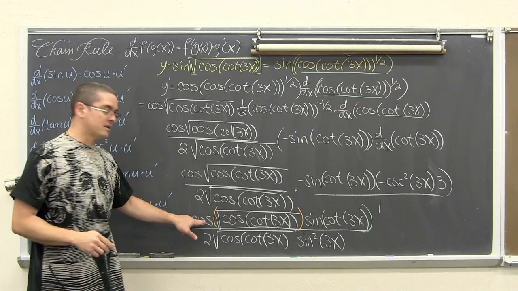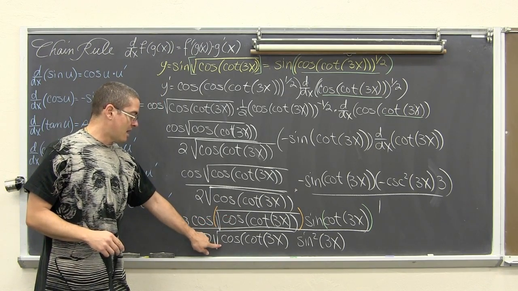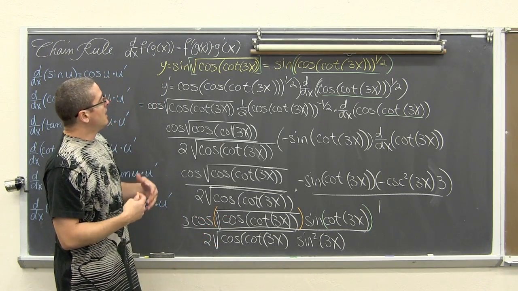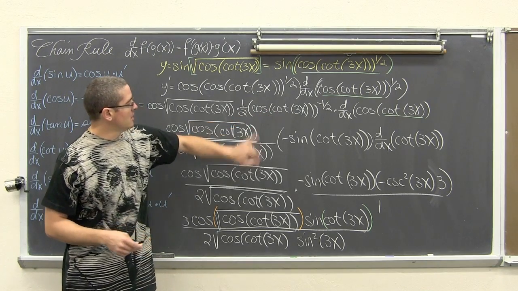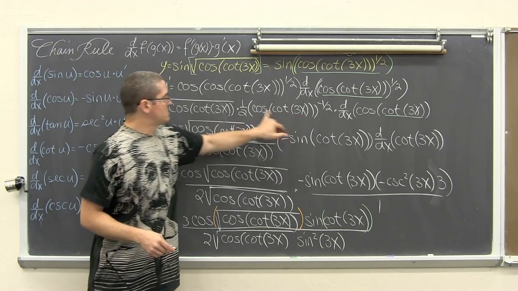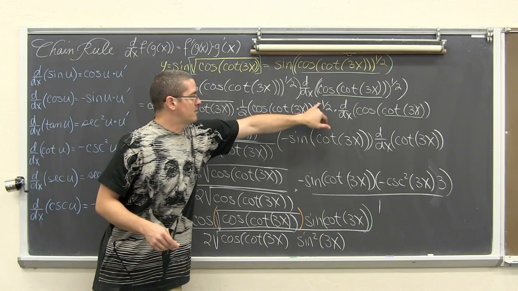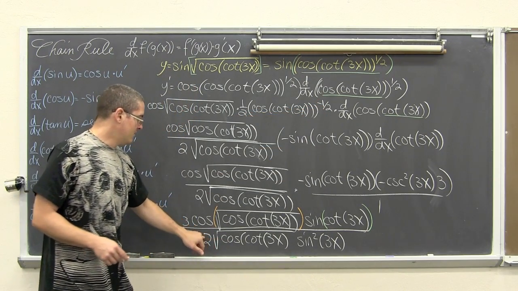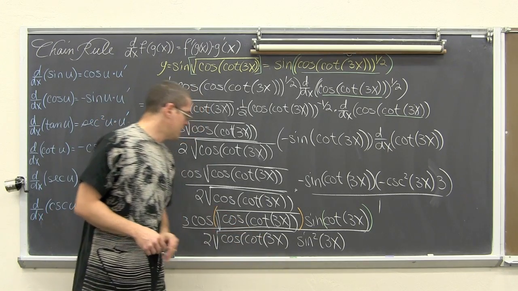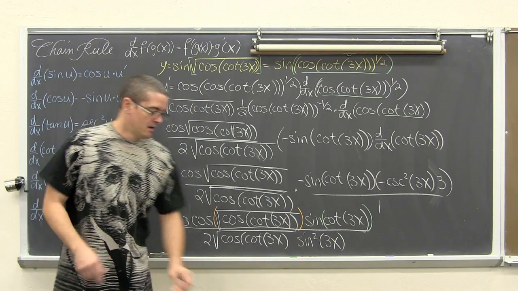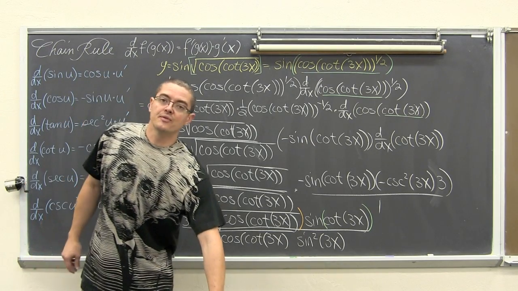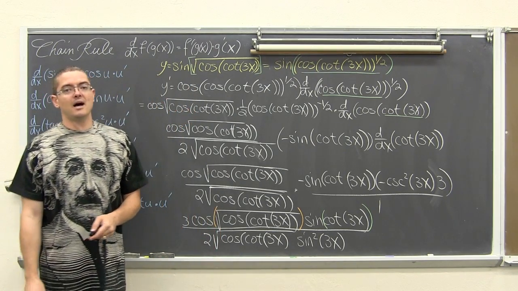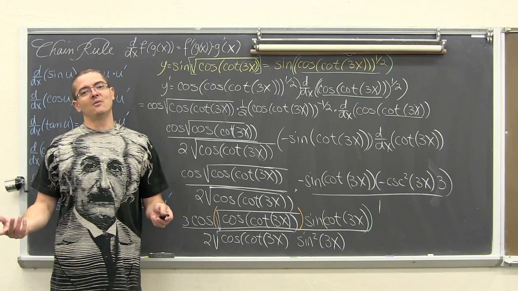This is inside the cosine function, whereas in the denominator, because of the chain rule, it came out and fell out as its own entity with the negative square root and came into the denominator. This is 2 times the square root of cosine cotangent of 3x, whereas up here it is the cosine of. So those are not factors that will cancel out. Now, I'm done.